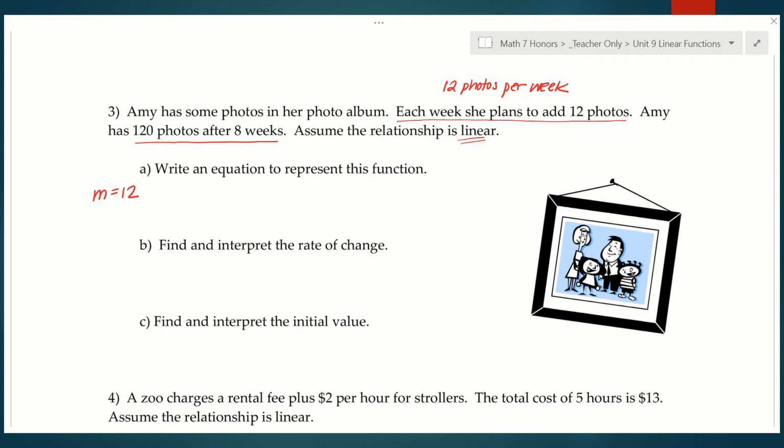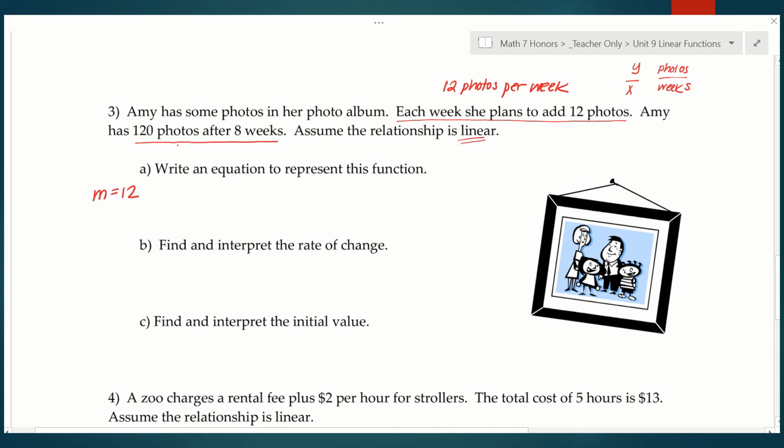How do I know which is the x-coordinate and which is the y-coordinate of that point? Go back to your rate of change. If we're talking about 12 photos per week, remember, photos per week, y to x, means that 12 photos, so photos is y, per 1 week means that x is weeks.